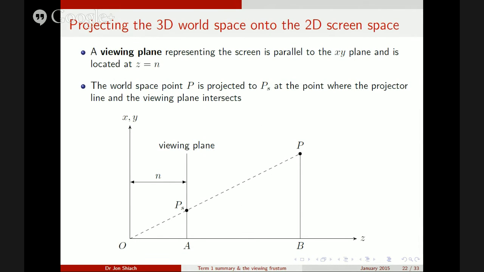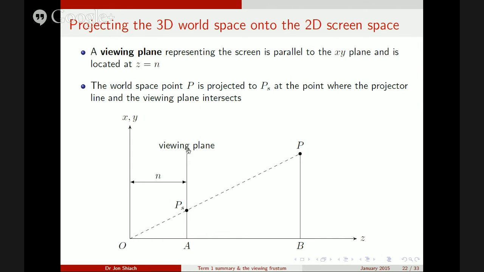And this is done using perspective projection. Imagine this is your world space. This is the Z axis. And going up here is the Y or X axis, it doesn't matter which. And this is a point P here in the world space.